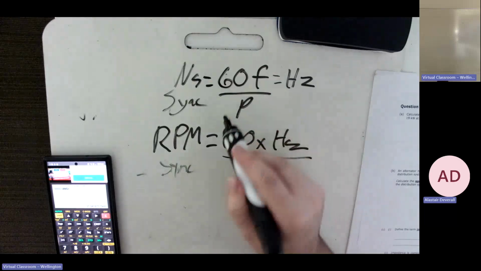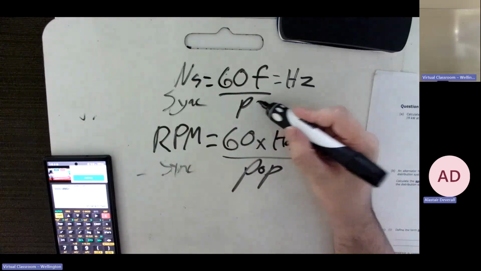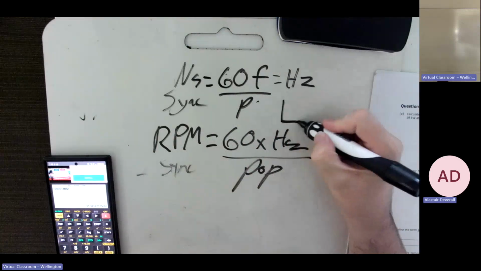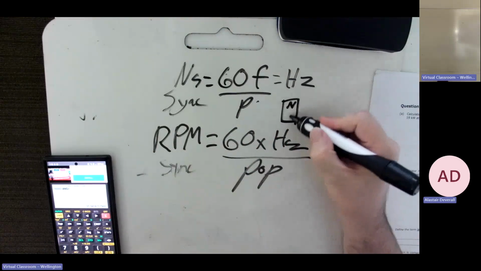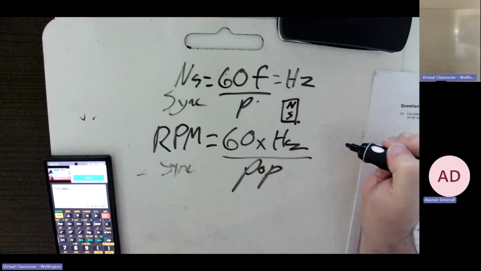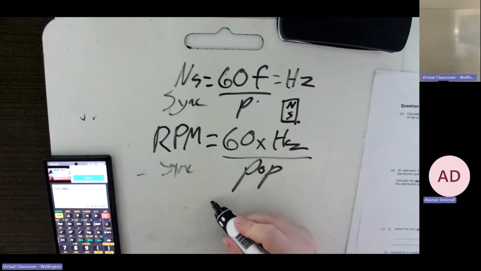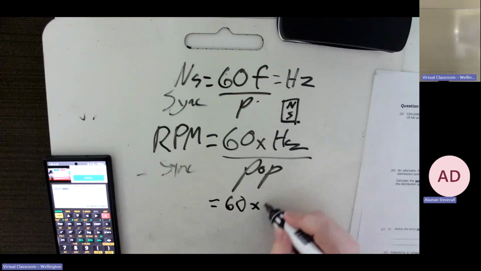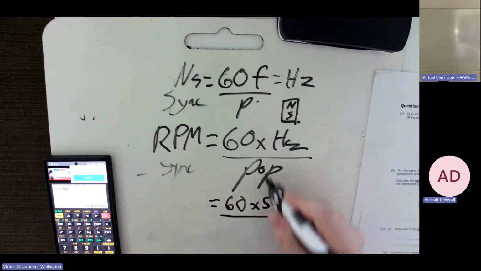And I don't like this P because this P is supposed to be pairs of poles. The reason for that is all magnets come with a north and a south, so they come in pairs. Now, RPM equals 60 times our 50 Hertz over our pairs of poles.